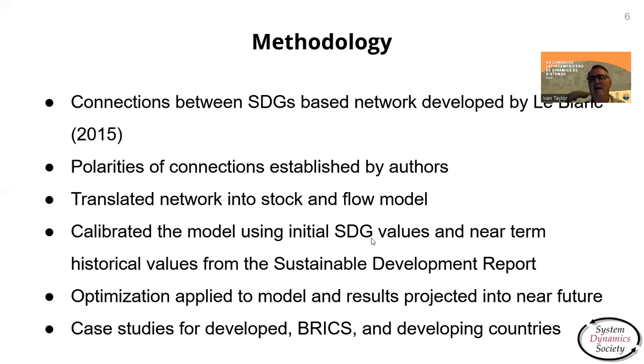And then we translated the network into a stock and flow diagram and calibrated the model using the initial SDG values and near-term historical values from the Sustainable Development Report, which is provided every year and provides estimates on a 0 to 100 scale of the achievement of each country in each Sustainable Development Goal.